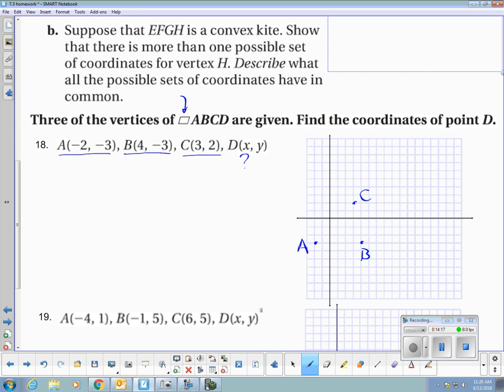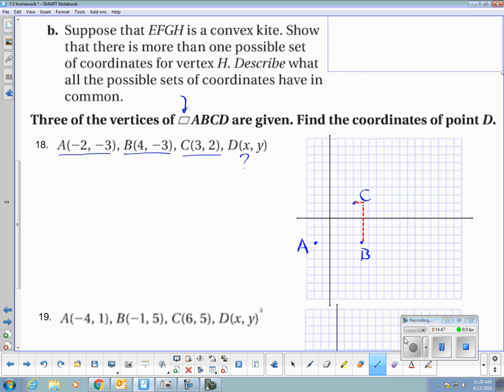Well, point D can be located in a couple of places. It could be located somewhere over here. That would be one location. And to find that location, we're going to zoom in on that. I'm going to do a little counting. So to go from point B, I'm going to go up and I'm going to go over.